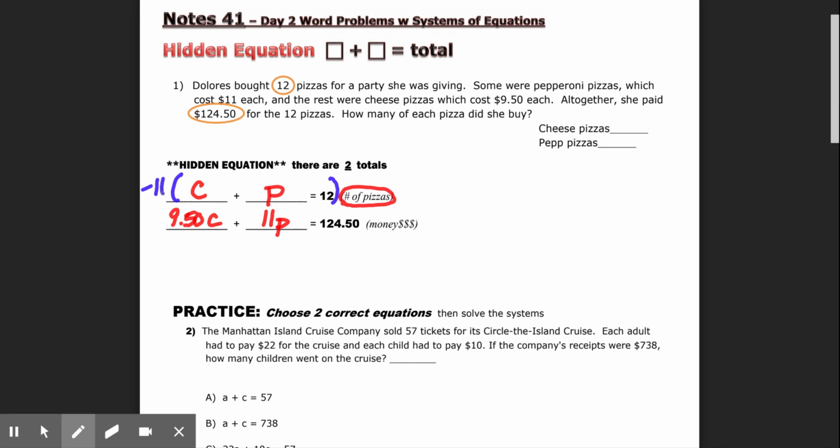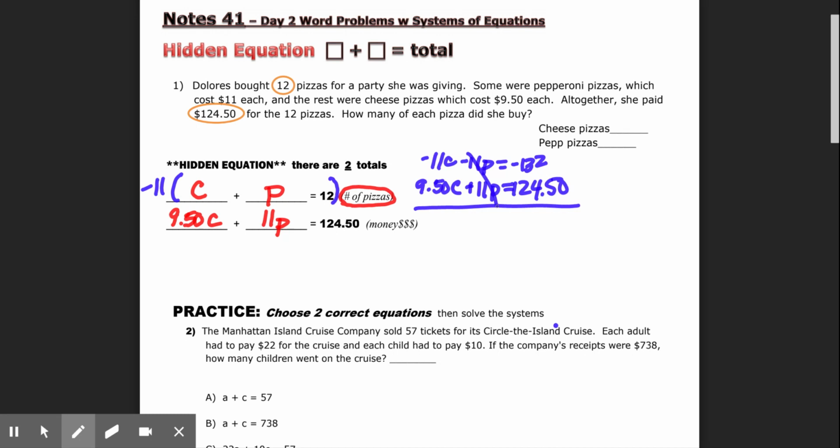So we're going to have negative 11c minus 11p, and make sure you multiply negative 11 by 12. So that would give us a negative 132. And then we're just going to rewrite the bottom equation, 9.50c plus 11p is equal to 124.50. So what's going to happen is your p's are going to cancel out.